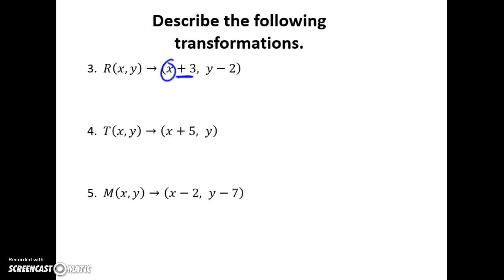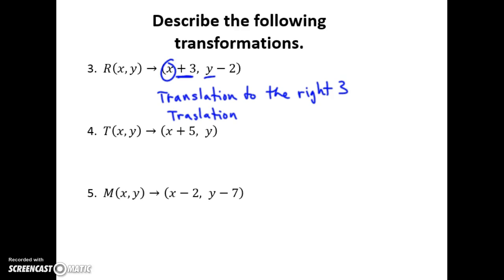So that's going to be a translation to the right 3. And we can use a little bit of shorthand here as well. And this is also a translation, and this is to the y, so that's up or down, and in this case it's down 2. So we're going to say down 2.